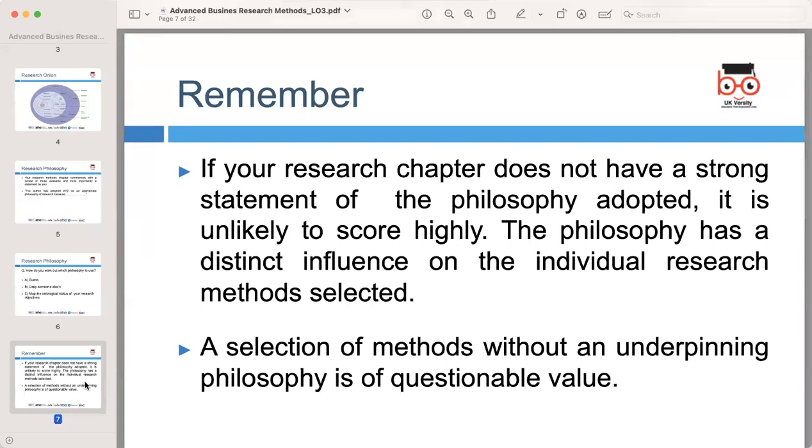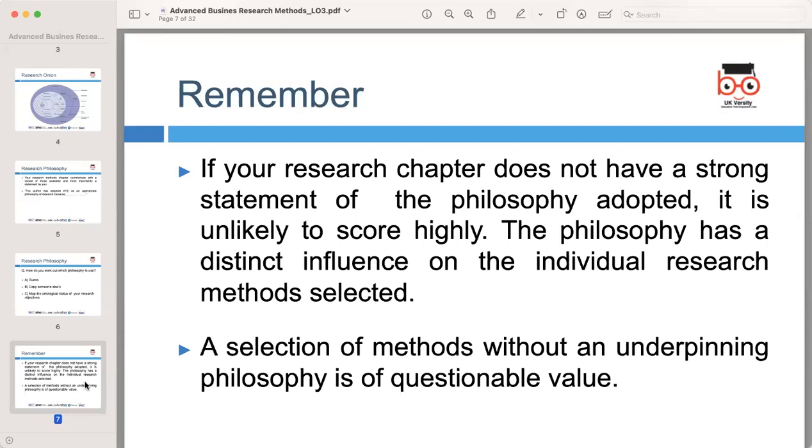It is like building a house without a solid foundation. So you need that philosophical framework to guide your choices and ensure that your methods align with your overall research goals. So when you are working on your research projects, remember to clearly articulate the philosophy behind your work.